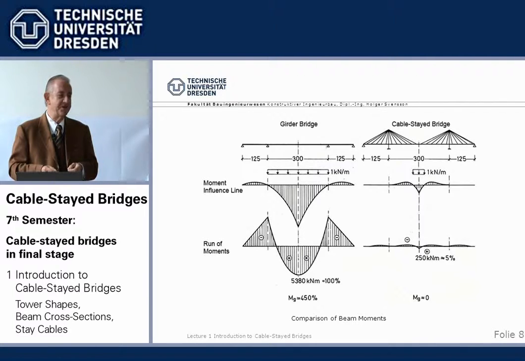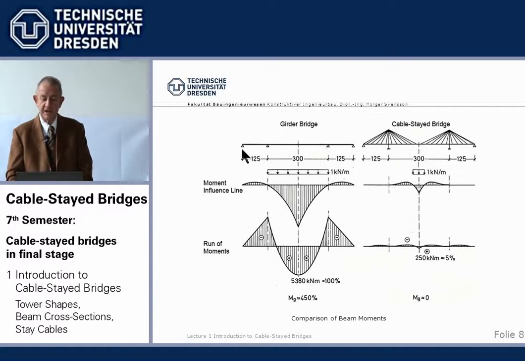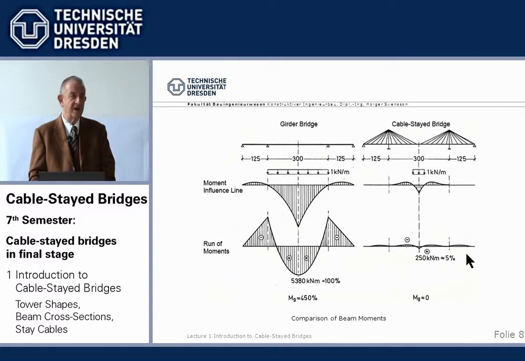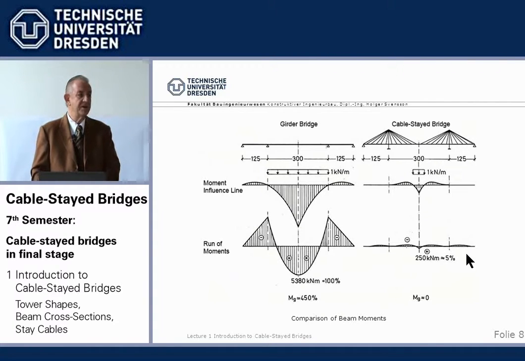All bridge engineers are interested in them. Well, first of all, naturally, if we compare with a beam, we take off the big moments of a beam by supporting the span with the cables, so the moments are very much reduced and we can use much thinner beams with much less depth.